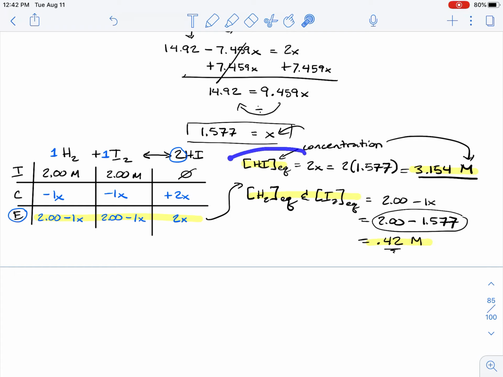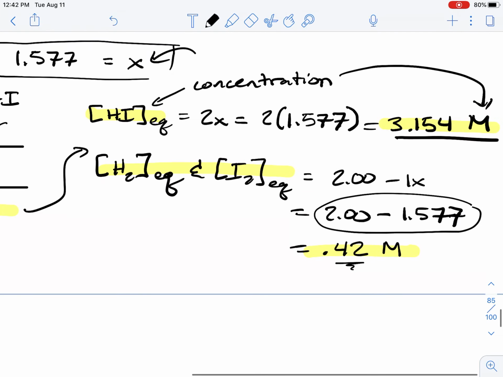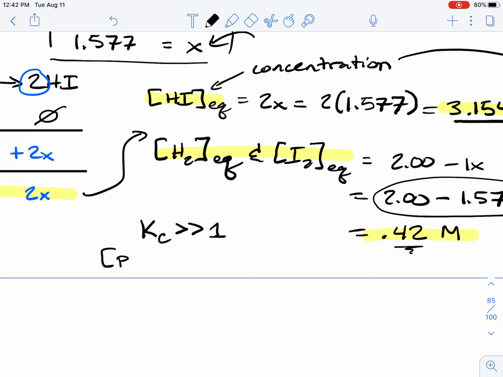So this is a product. So 3.154 is greater than the concentration of the reactants. So this is describing the scenario in which Kc is far, far greater than 1, and therefore the concentration of the products at equilibrium is going to be greater than the concentration of the reactants at equilibrium.